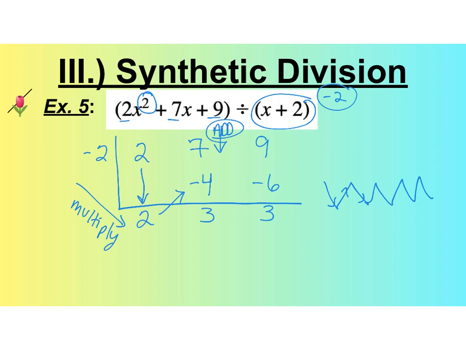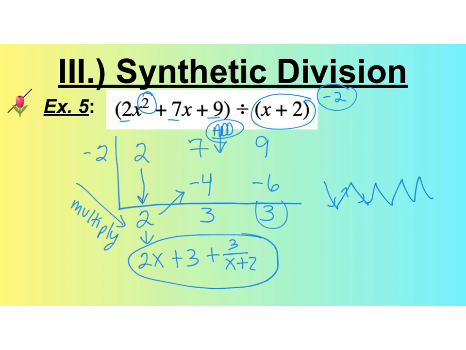So you want to subtract 1 from 2 when we're talking about linear. So this becomes a 2x, oops, not squared. 2x plus 3. What could this 3 be? Well, that's our remainder. So plus 3 over our divisor, x plus 2.